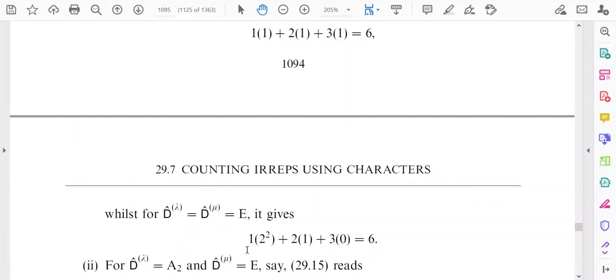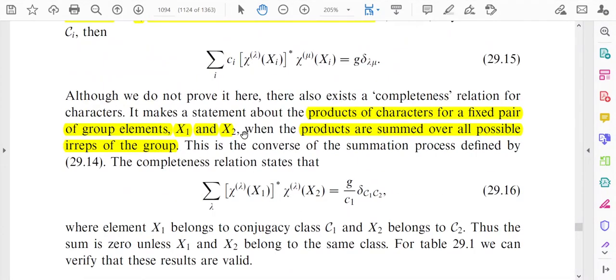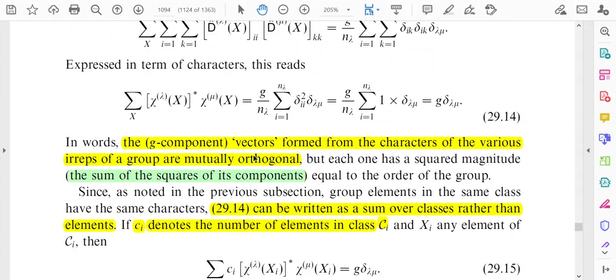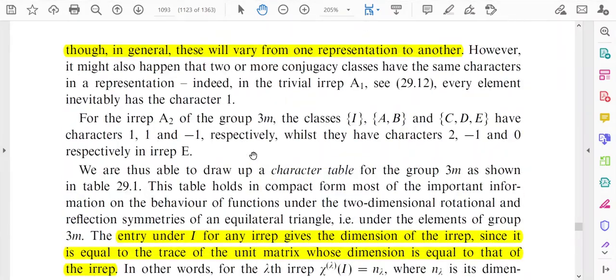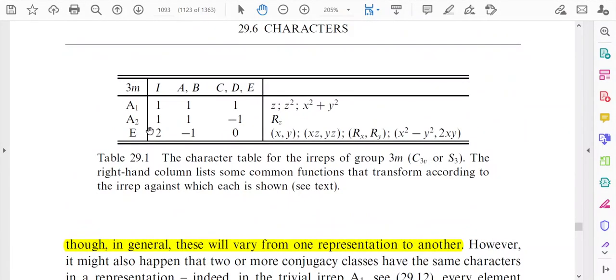The number of elements for the particular classes are again 1, 2 and 3 respectively, just like the previous case. But if you check the relation very carefully, for a particular representation, if lambda is equal to mu, this will give you the product between the characters. For example, for the irreducible representation E, the first character is 2.